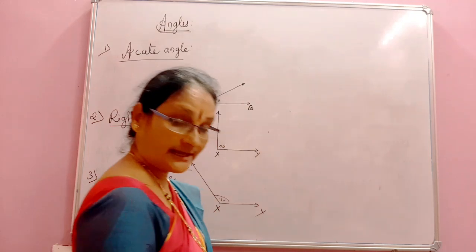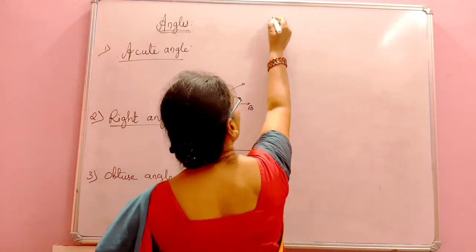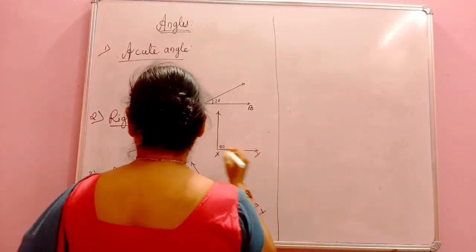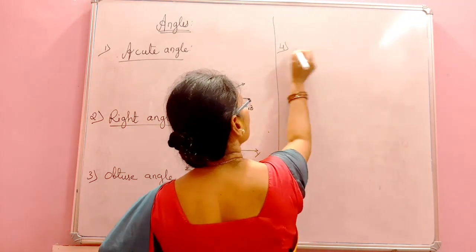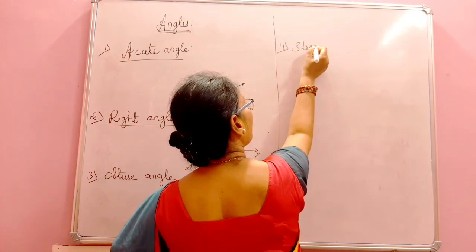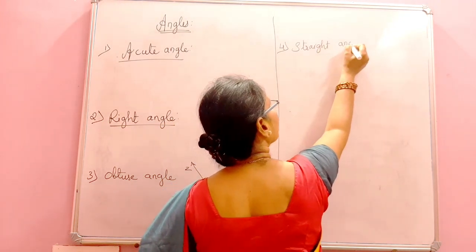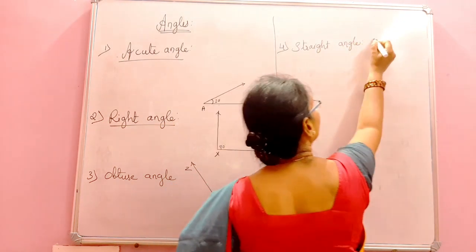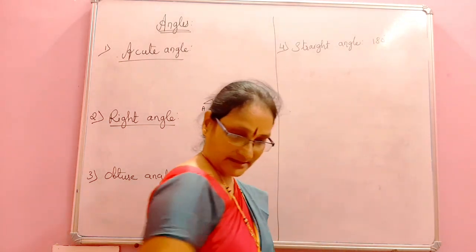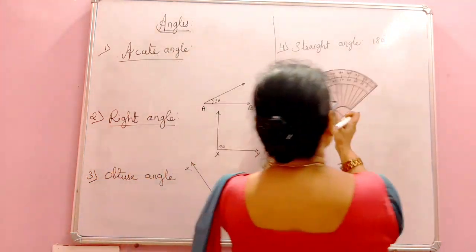If it is exactly 180 degrees, it is called a straight angle. How do we draw this one?